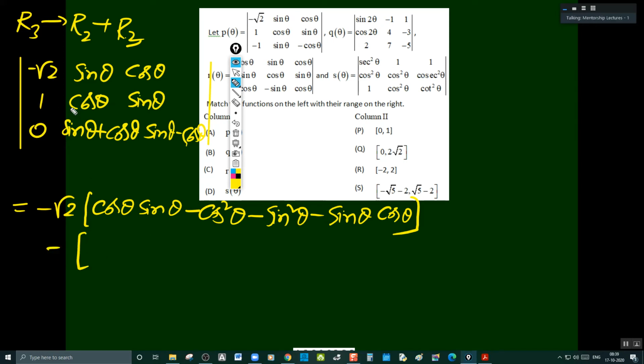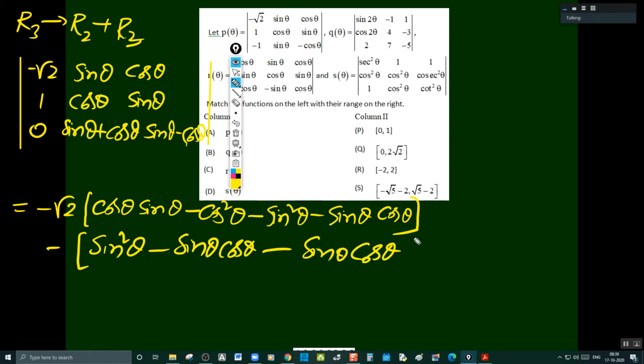Minus of sine square theta minus sine theta cos theta minus sine theta cos theta. I'm just finding the determinant directly. And minus cos square theta. Okay, now what are the terms getting cancelled here? The third element is 0 here. You can neglect it. So sine theta cos theta minus sine theta cos theta getting cancelled. And of course, this becomes minus 1. And here, this will be added.